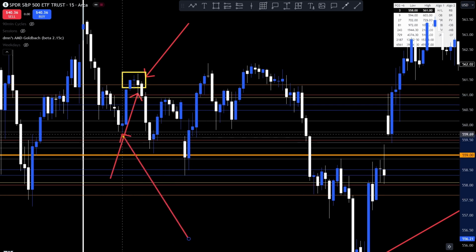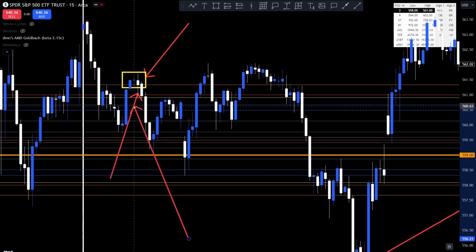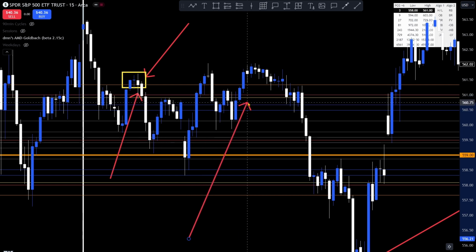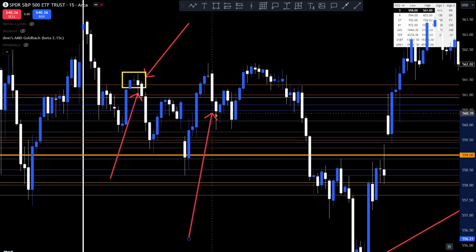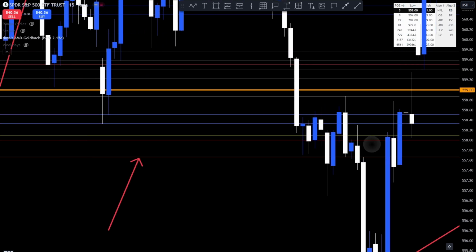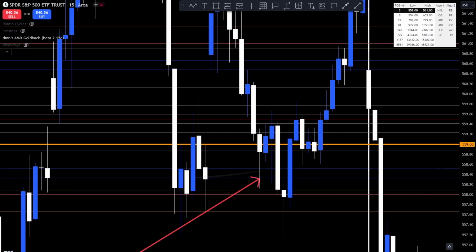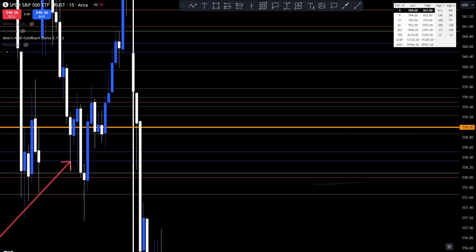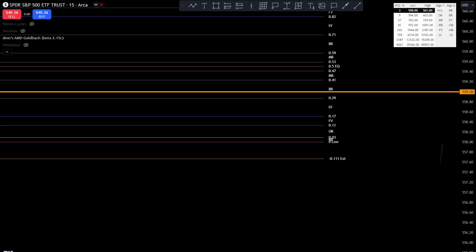You just need to come in with the bias and whatever model that you actually like to trade. So if you say that you like order blocks, focus on the order block partition or level, I'll say. You like fair value gaps? Focus on the fair value gap level. Mine's customized to be blue. And again, back to some of our labels on the side, just so you could feel me out.